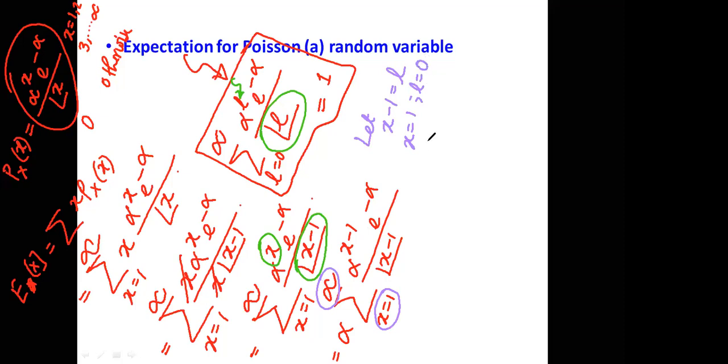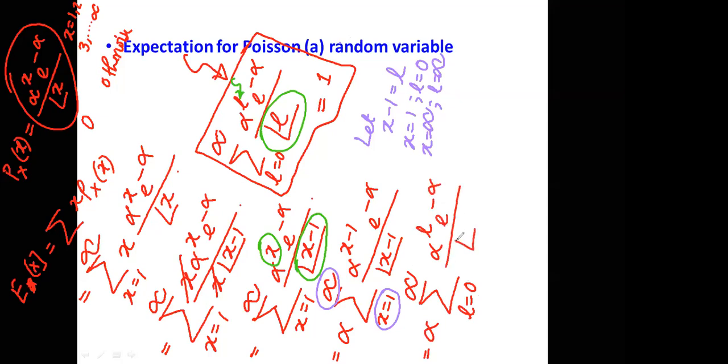When x equals infinity, then L equals infinity as well. So this limit, previously 1 to infinity, now becomes L equals 0 to infinity. And this becomes alpha to the power L e to the power minus alpha divided by factorial L.